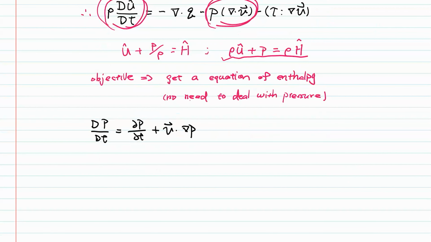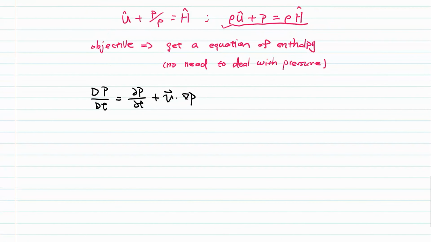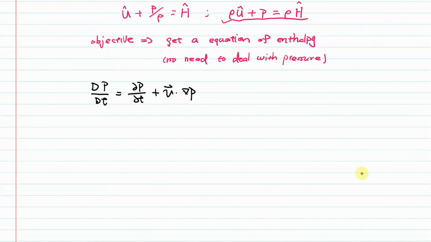Okay, so again, if we think about the substantial derivative of enthalpy, D/Dt of rho h would now equal rho times the substantial derivative of h plus h times the substantial derivative of rho.